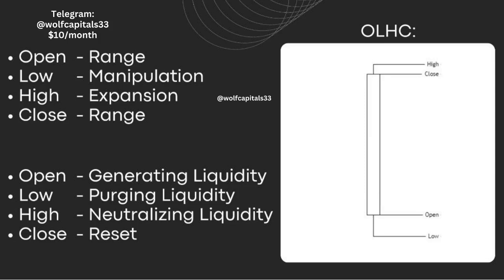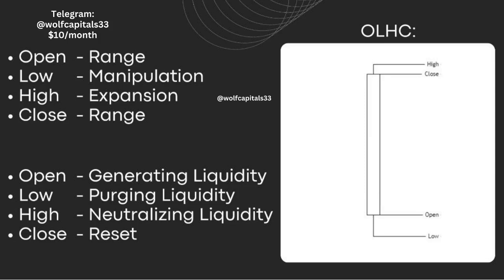But what you need to remember is that more often than not, price forms a range to generate liquidity at the start of the candle, right around the opening price. Now, when we've generated enough liquidity for the market makers and it's ready to expand or distribute, first of all, it has to purge the liquidity, or simply take out or manipulate the liquidity.